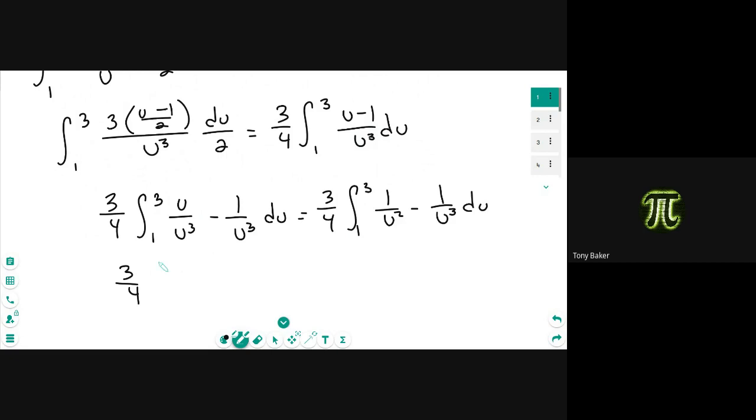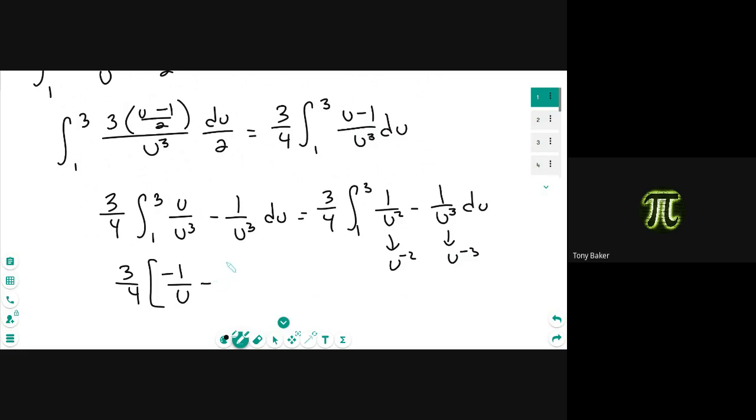You did the derivative, you add 1. It's u to the negative second. So it's negative 1 over u. And this is u to the negative third.